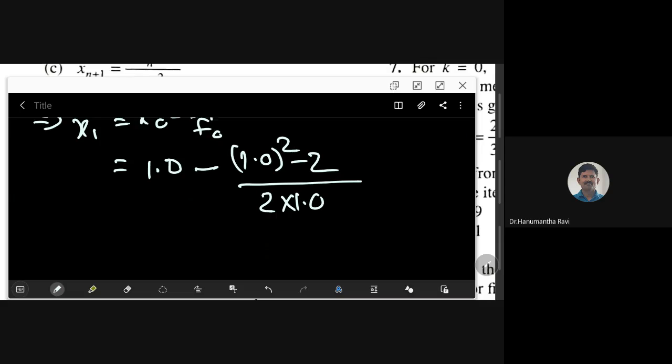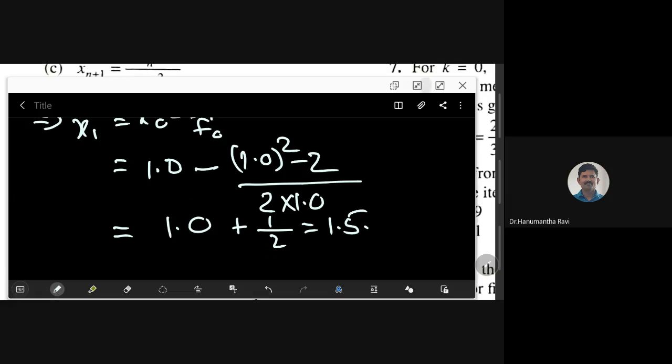So this is nothing but 1.0 plus 1 by 2, so x1 is 1.5.